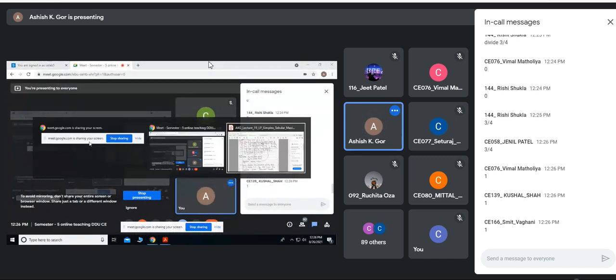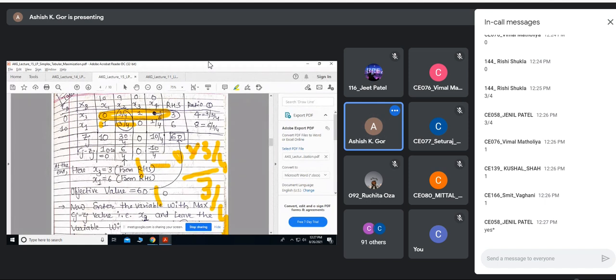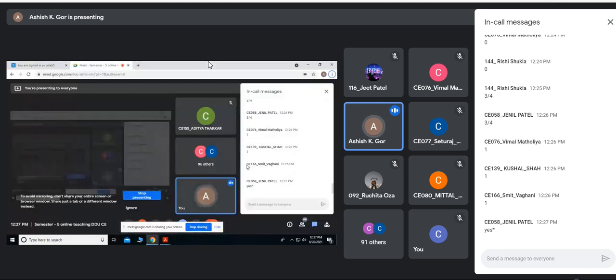How? 1 is the old value minus corresponding key row value and key column value. In the key row, which value is associated with 1? 0. Key column value 3 by 4. 0 into 3 by 4, divide by 3 by 4, doesn't matter. 1 minus 0 into something is 0. So 1 minus 0 is 1. So this entry will remain the same.